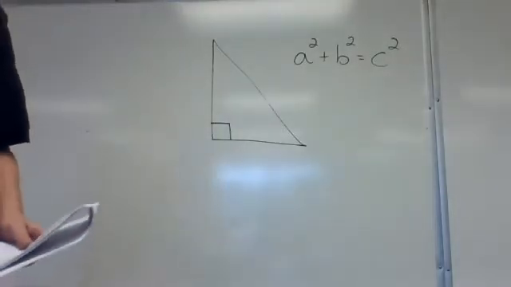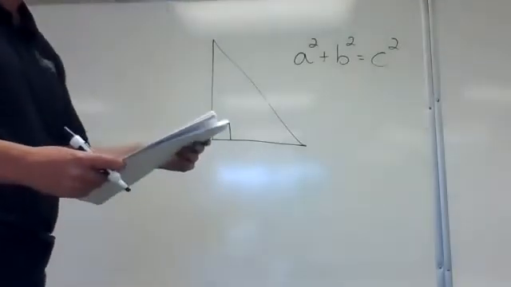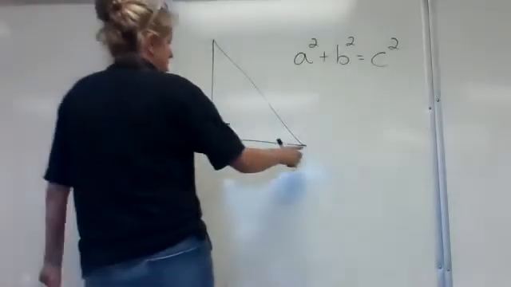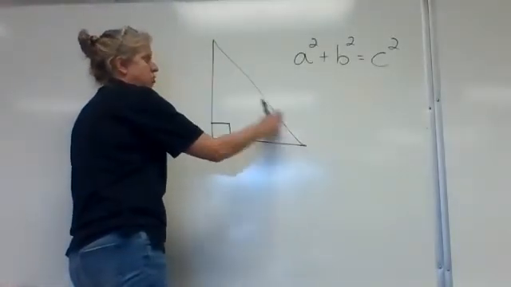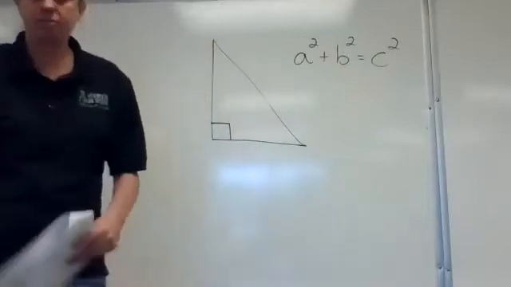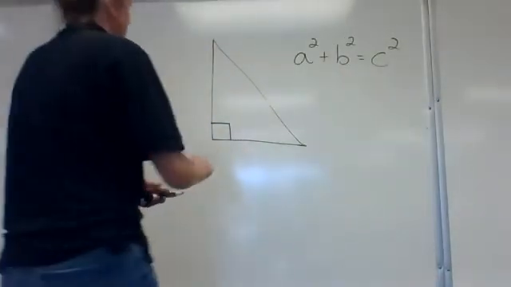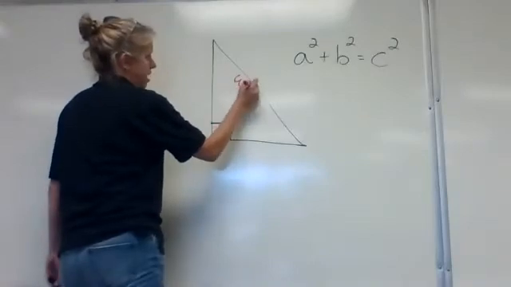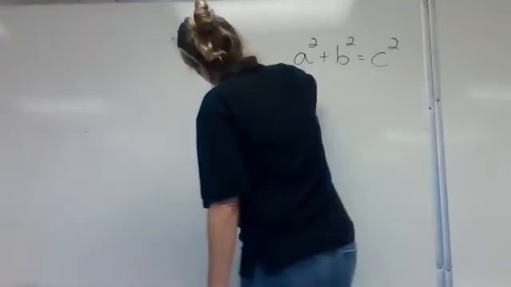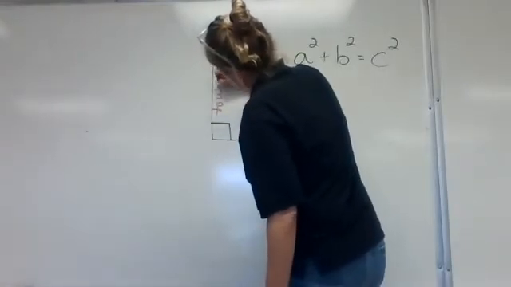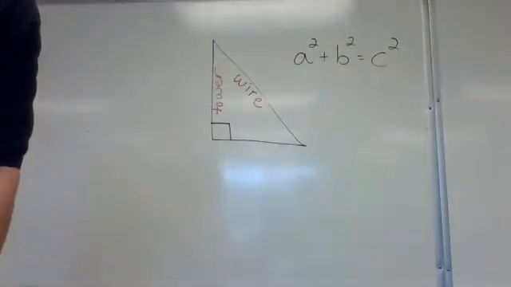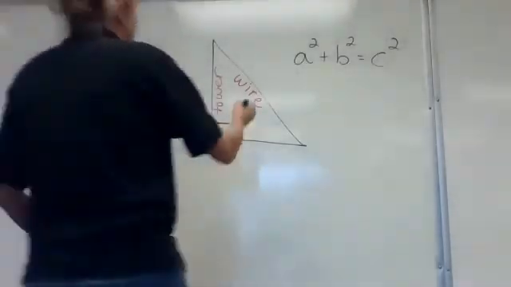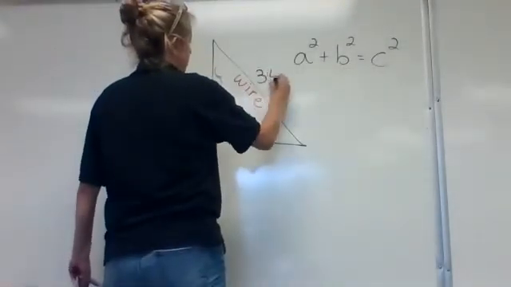So let's read number 8. A wire is stretched from the ground to the top of an antenna tower. So here's my wire. It's stretched from the ground to the top of a tower. Here's my tower. It says the wire is 35 feet long.